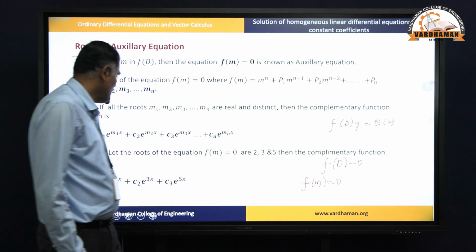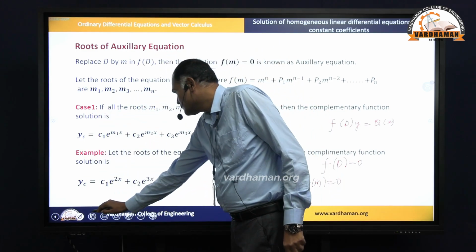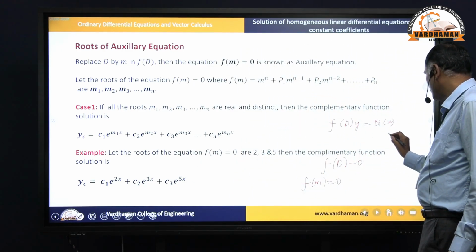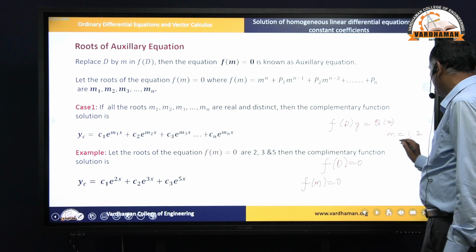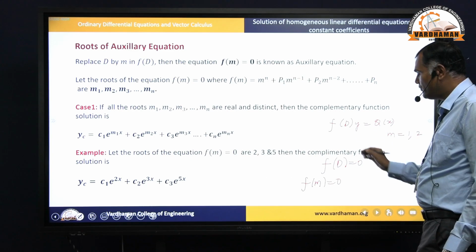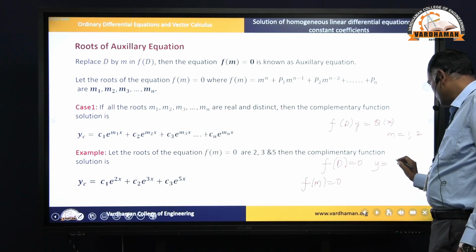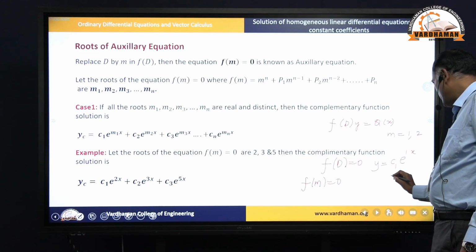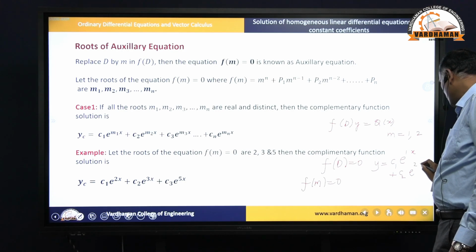For example, let us say the roots are 1, 2. If the roots are 1, 2, then the solution of that DE can be written as y equals a constant c1 into e power 1 into x plus c2 e power second root into x.